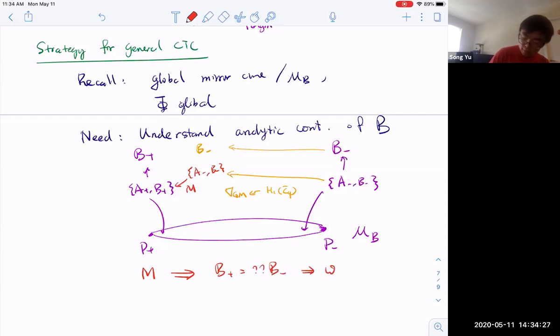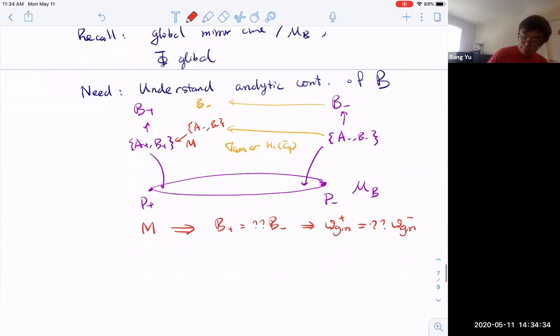This tells us how omega G,n plus depends on omega G,n minus, and by the remodeling conjecture, we can now determine how the open invariants depend. Yeah, so that's the general strategy.